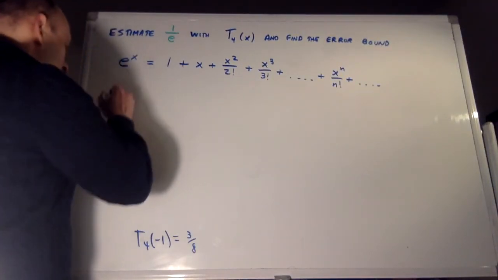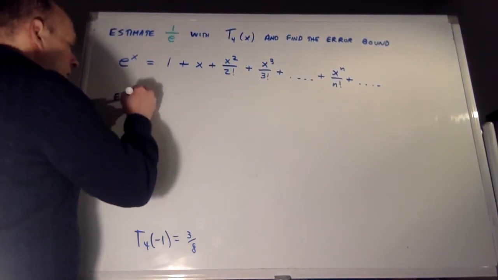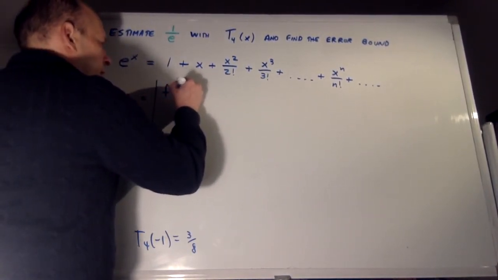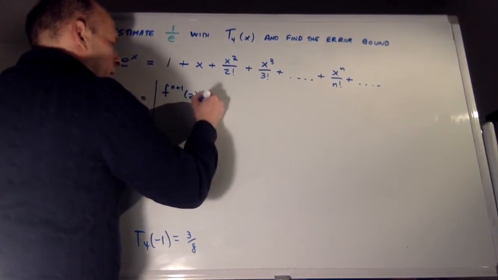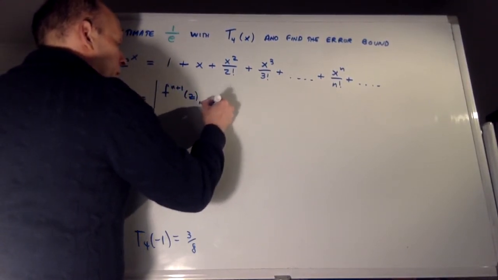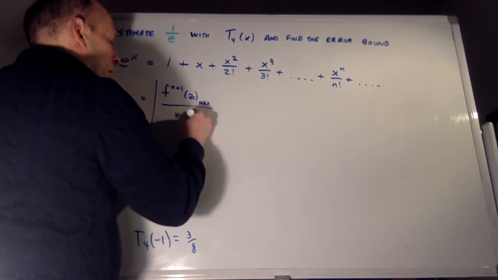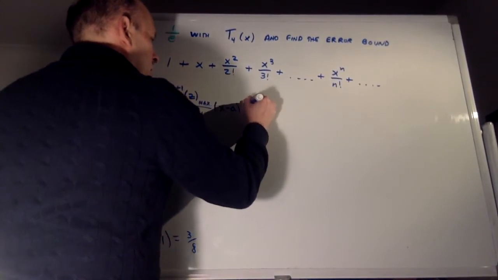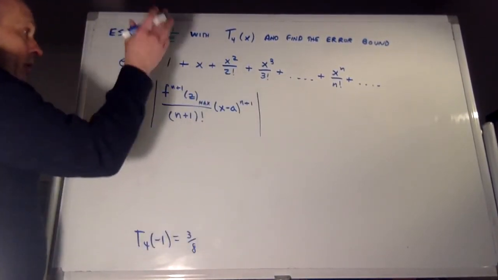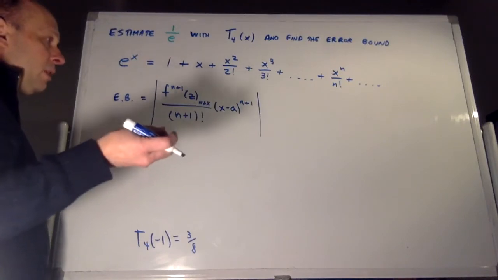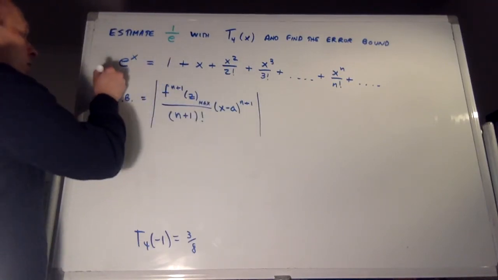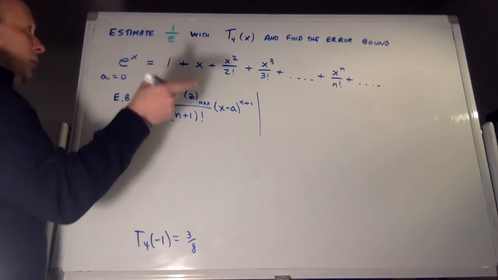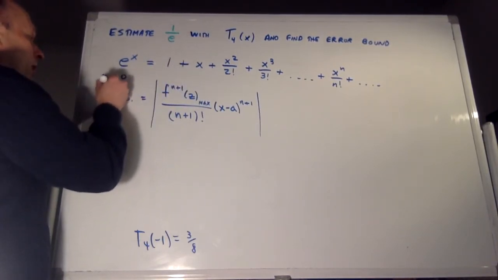The error bound is going to be the absolute value of the n plus 1th derivative evaluated at z, or at least the maximum possible value of that, over n plus 1 factorial times x minus a to the n plus 1. Once again, we're using a Lagrange series here, and we're centering at 0, so our value of a is 0. The value of x, what we're plugging in and estimating at, is negative 1. So our x is negative 1.